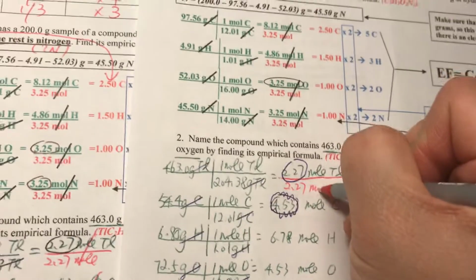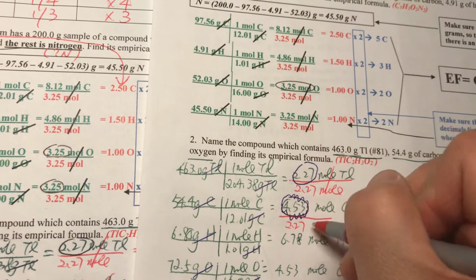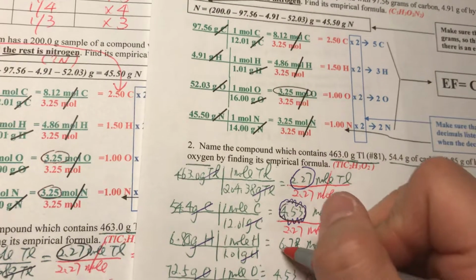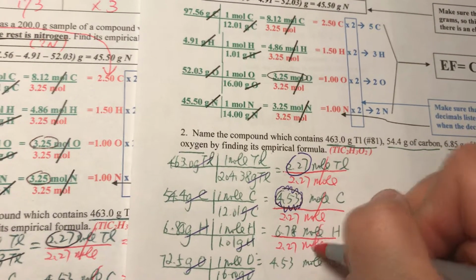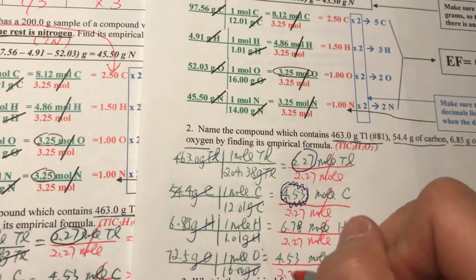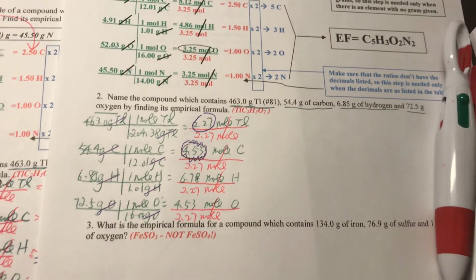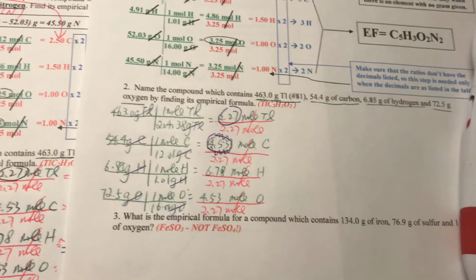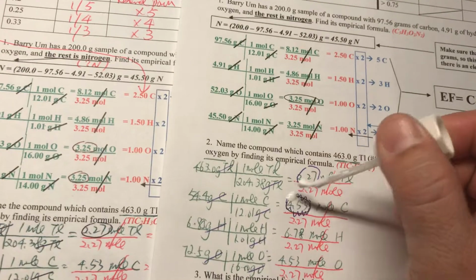2.27 mole, and I cancel mole. Okay, so I'm going to divide by the smallest number. I made a mistake. It's not 4.53, it should be 2.27.